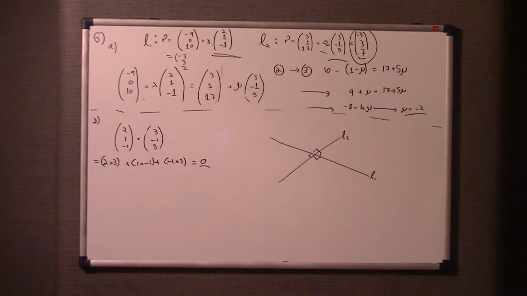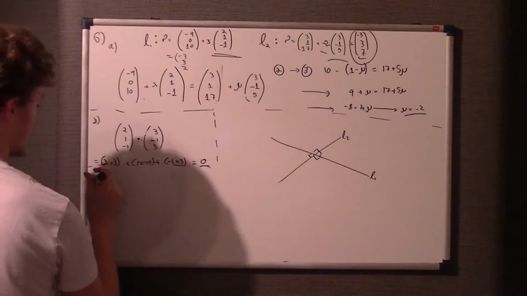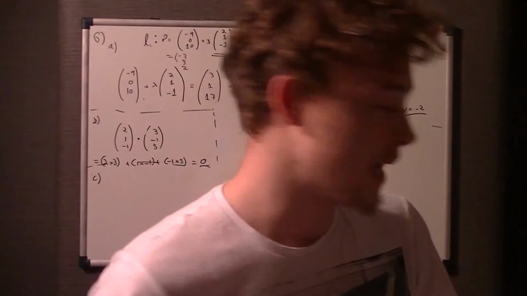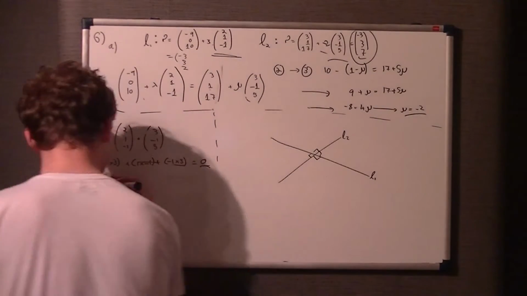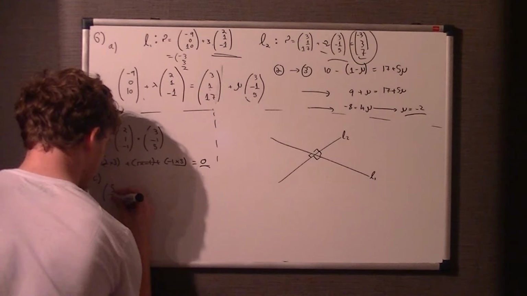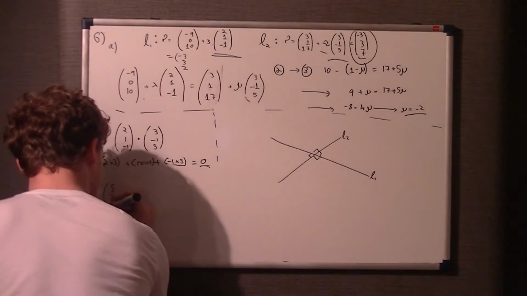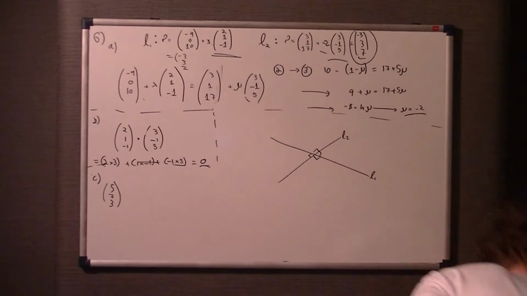Right, so part C. It's not asked us to do anything with this yet, but it's going to. Part C is asking us to show that point A, with the position vector 5, 7, 3, lies on the line L1.